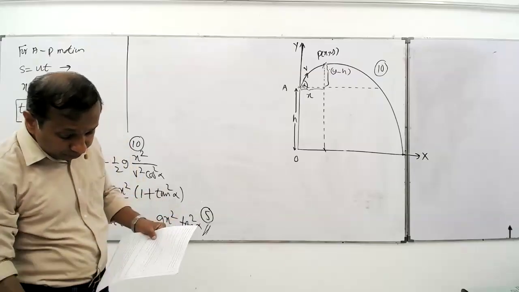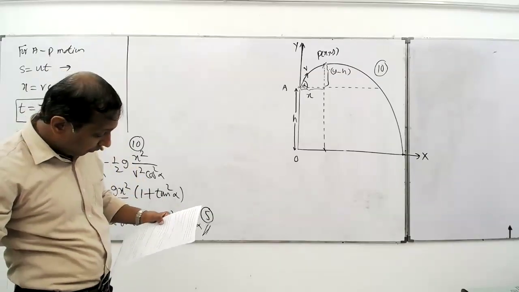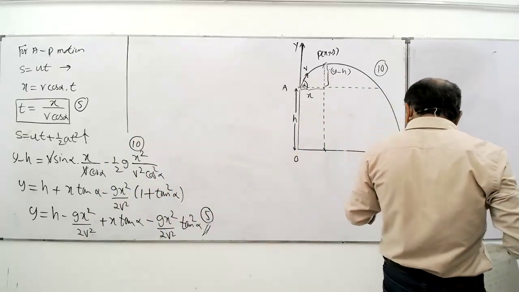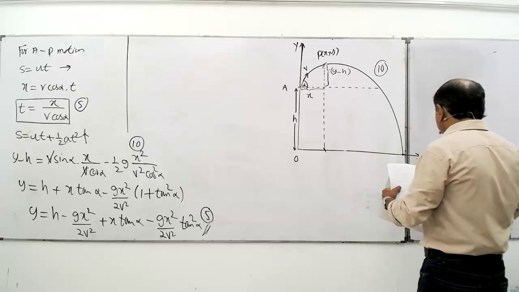So then you are asking what, people? Particle falls on the ground at a point B here.